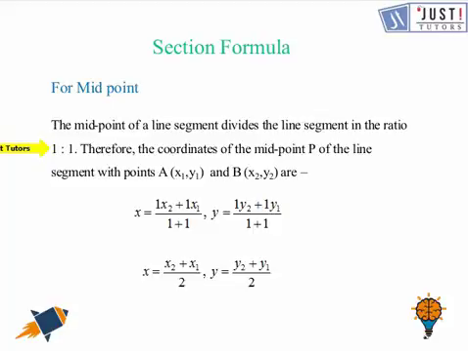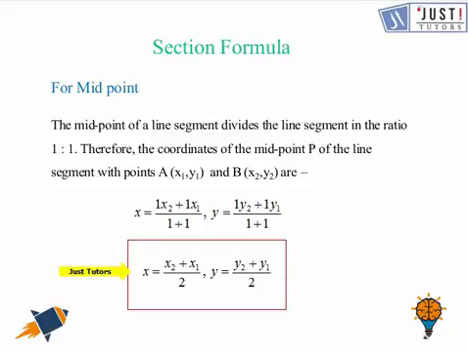Instead of m and n, we simply replace them with the number 1. This is the generalized formula to find the midpoint of a given line: x1 plus x2 upon 2 and y1 plus y2 upon 2. This is how we calculate the point P.